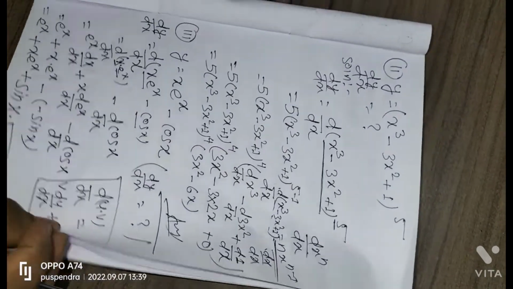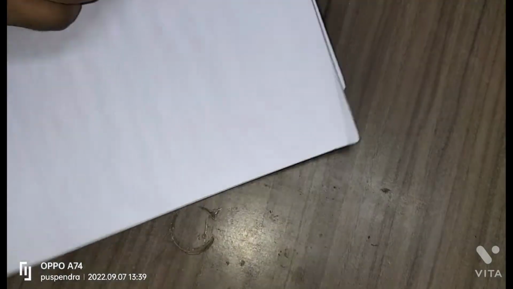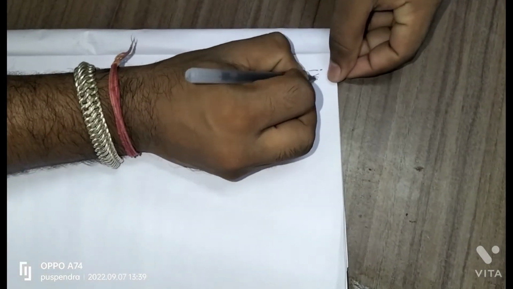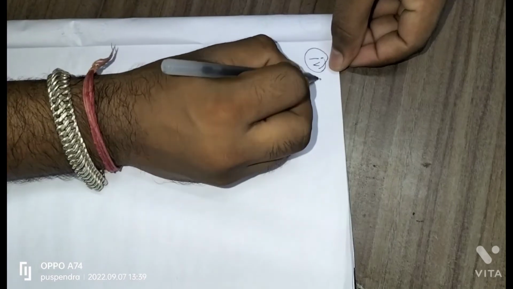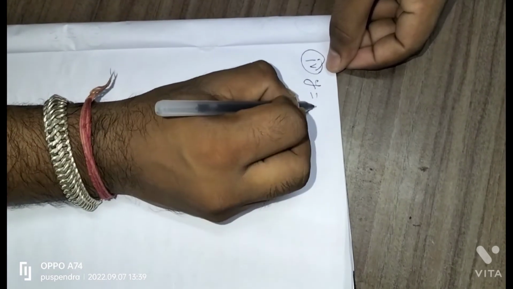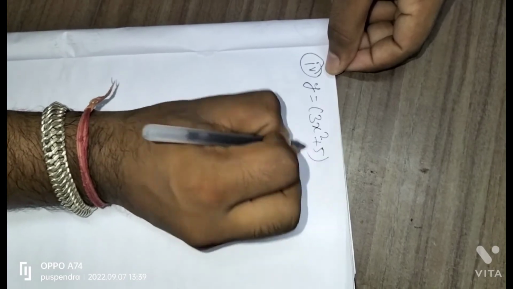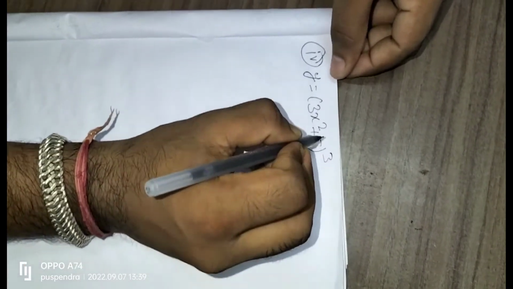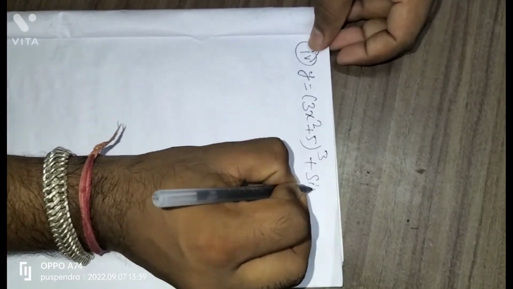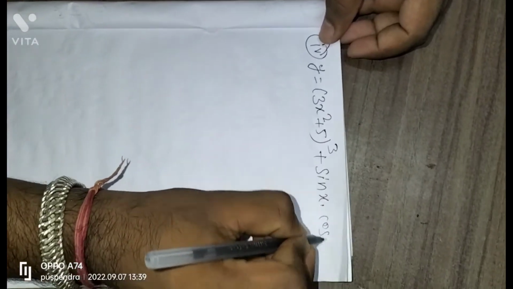Okay, now we'll do another question. Question number 4. The question is y is equal to (3x square plus 5) to the power 3 plus sin x into cos x.